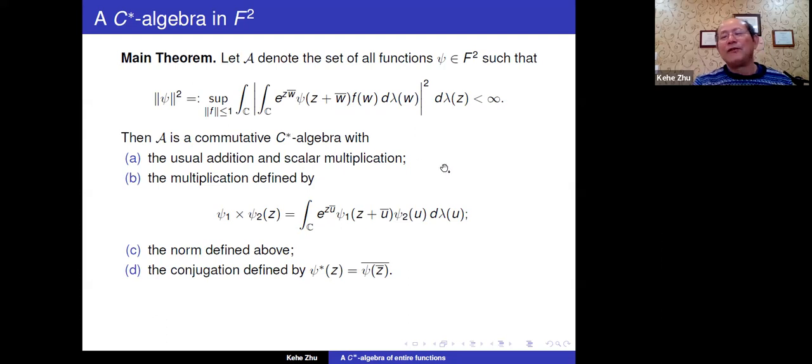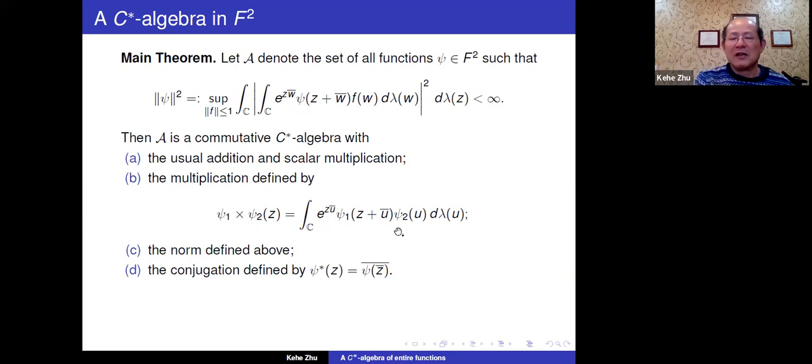Again, the proof is free. You don't really have to prove everything as long as you know where everything came from. This multiplication came from the composition of the two integral operators I mentioned earlier, and everything came from L infinity. And therefore, what you get over here is indeed a star algebra.